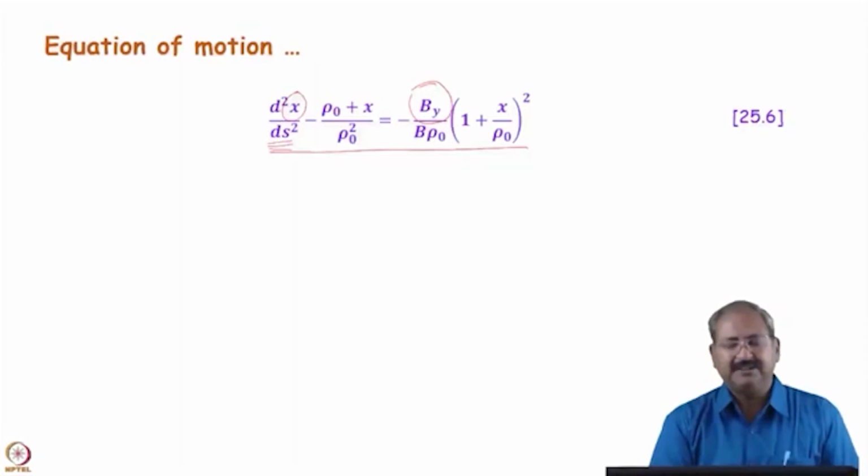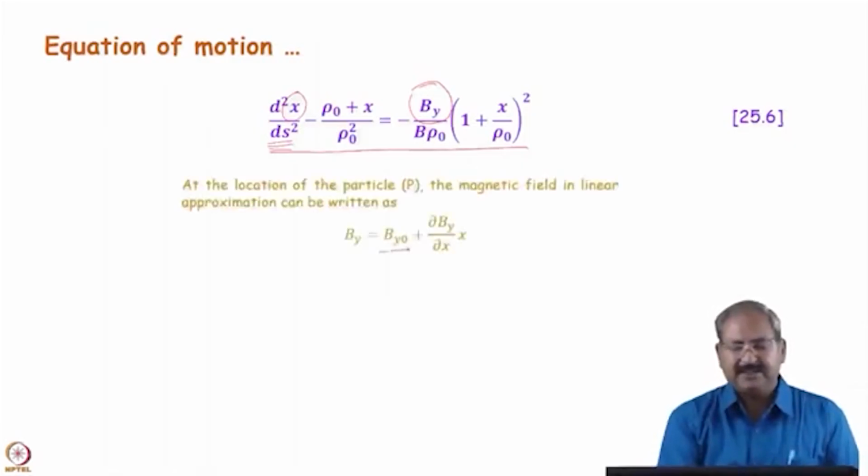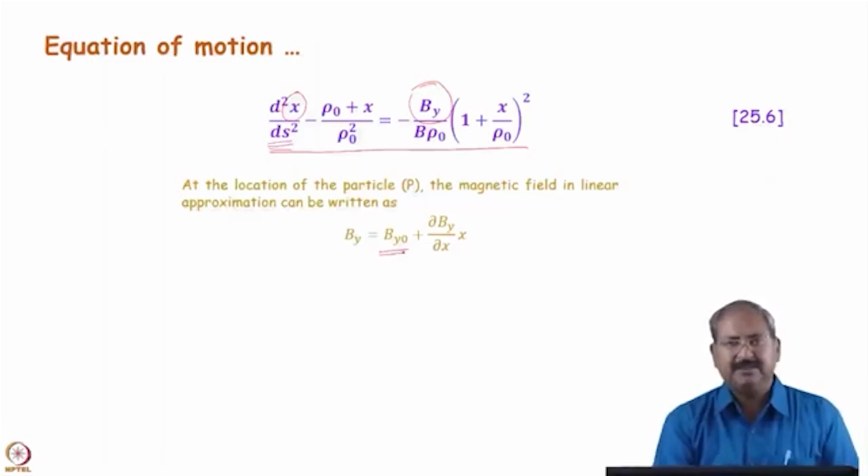So we will do that. Now we will put By as a constant magnetic field, which shows the dipolar component, and this is the gradient. So at any distance x from the design trajectory, By will be By0 plus del By by del x into x. So on the design trajectory, the field will be By0, and as the particle moves, it will change according to the gradient. Whether it will increase or decrease depends on whether del By by del x has a positive or negative sign.